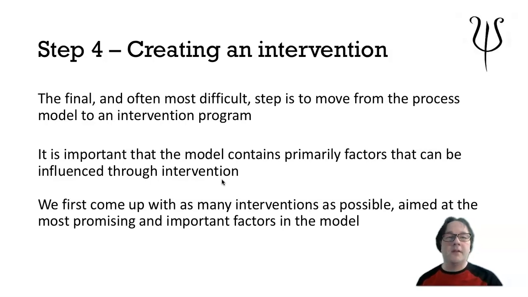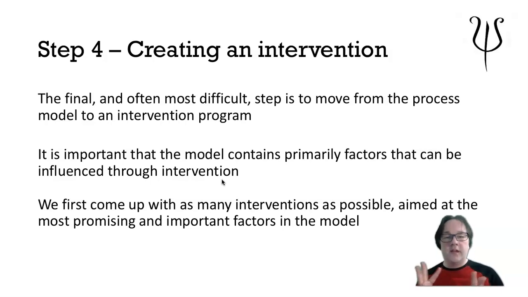So that might be maybe lower on our priority. Maybe there's some things within that model that will be easier for us to create an intervention for in order to reach that outcome variable, which is to get people to donate money, right?